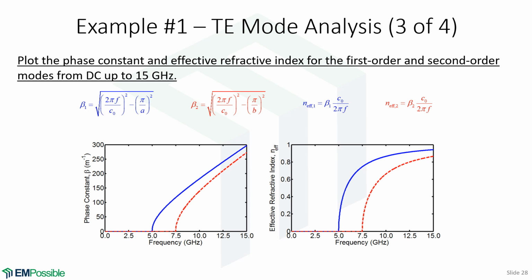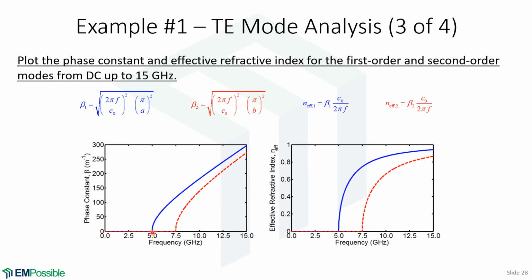Okay, given those equations, I've summarized the equations that we derived up here, and down below we're plotting it. The plot on the left is the phase constant, and the plot on the right is the effective refractive index. Let's look first at the phase constant. Remember, the low order cutoff frequency was 5 gigahertz. That's why below that we don't see any beta.